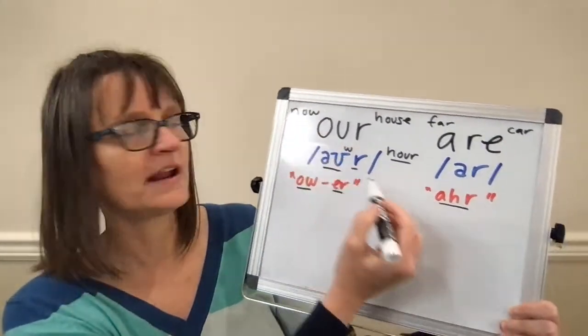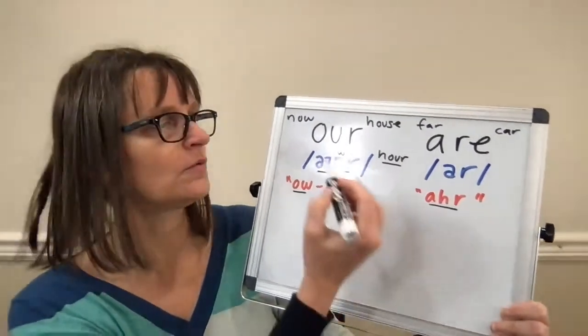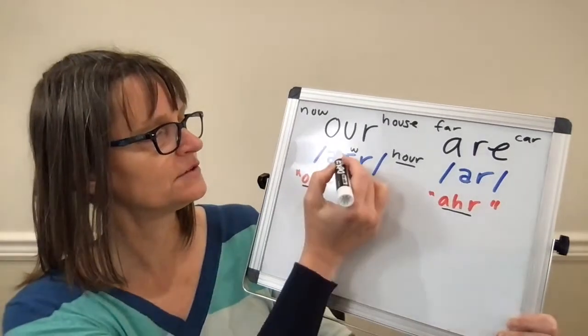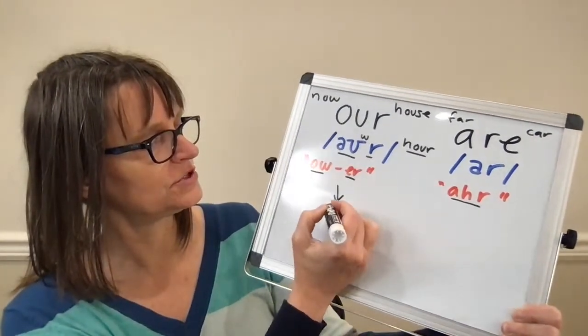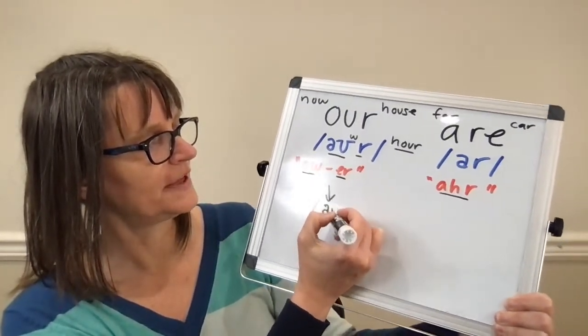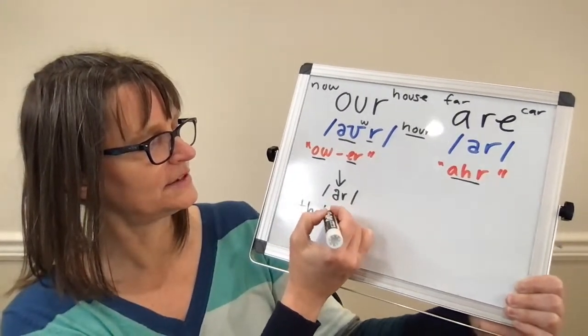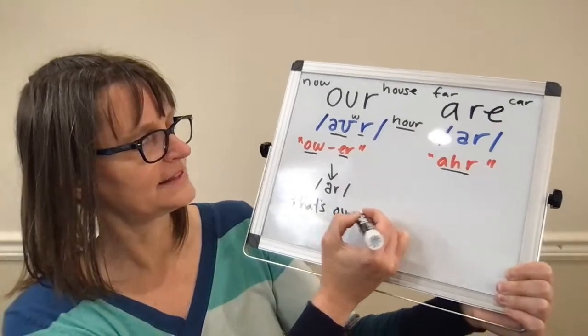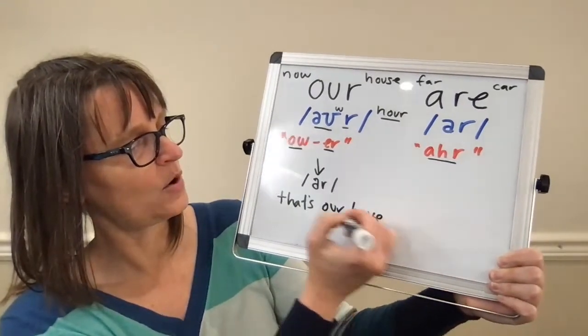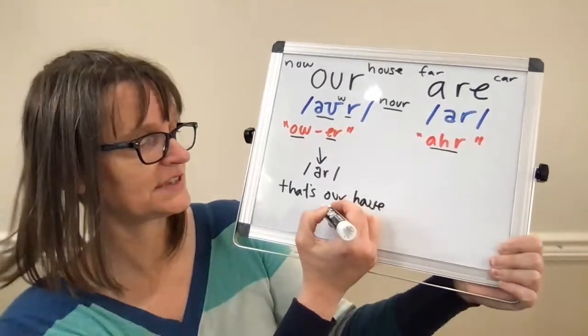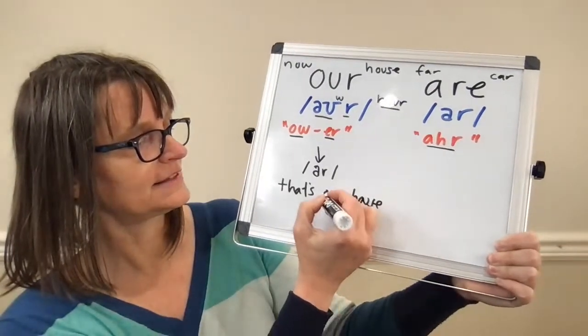So rather than our house, we're often going to reduce the our to just are. So it'll sound like that's our house rather than our house. We may reduce it to sound more like that's our house.